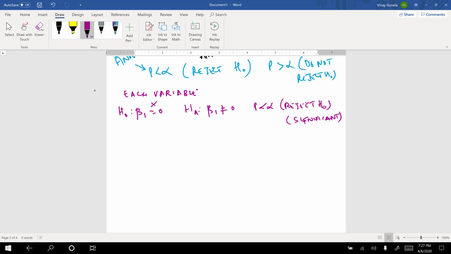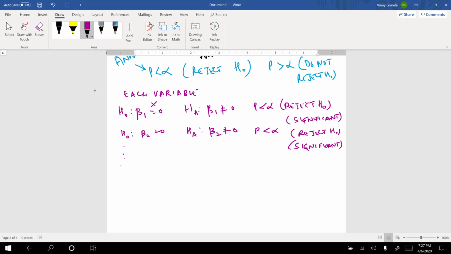Again you will look at beta 2, and the alternative will be beta 2 is not equal to 0, p-value less than alpha. You will try to reject H null and establish its significance. So any variable, if its p-value is not less than alpha, becomes insignificant.